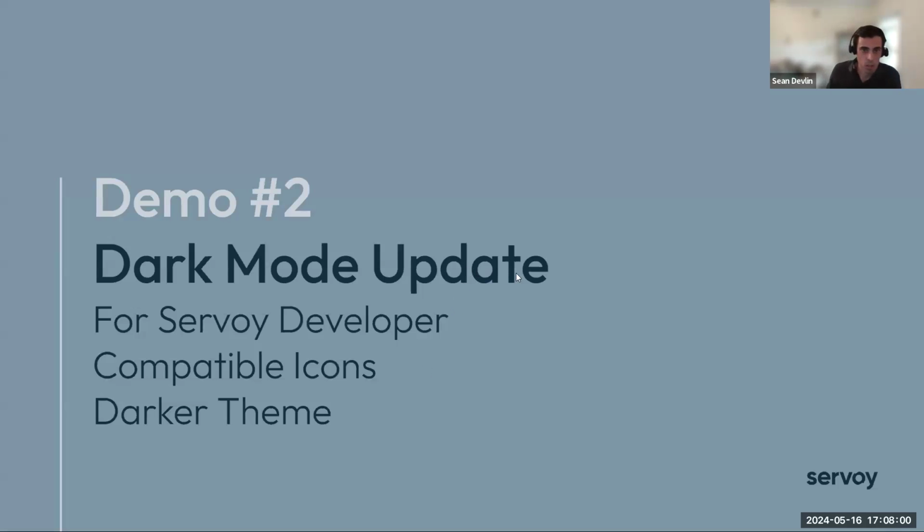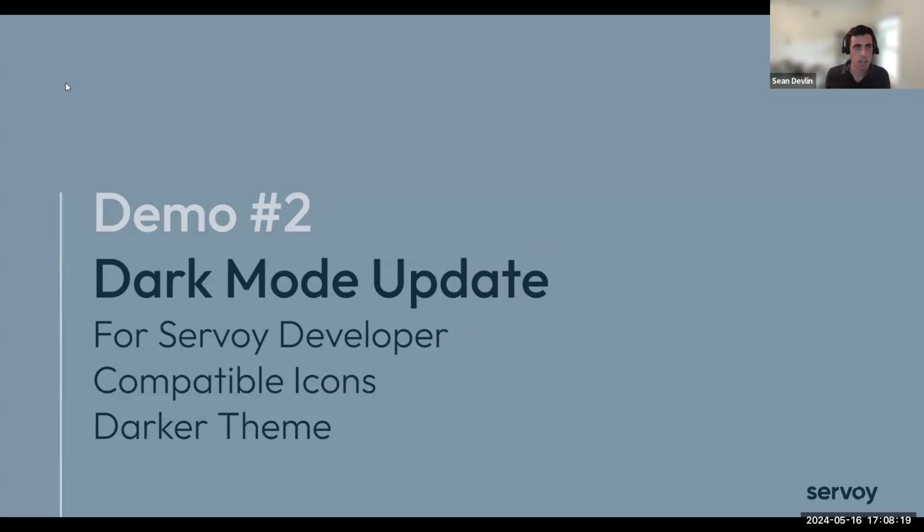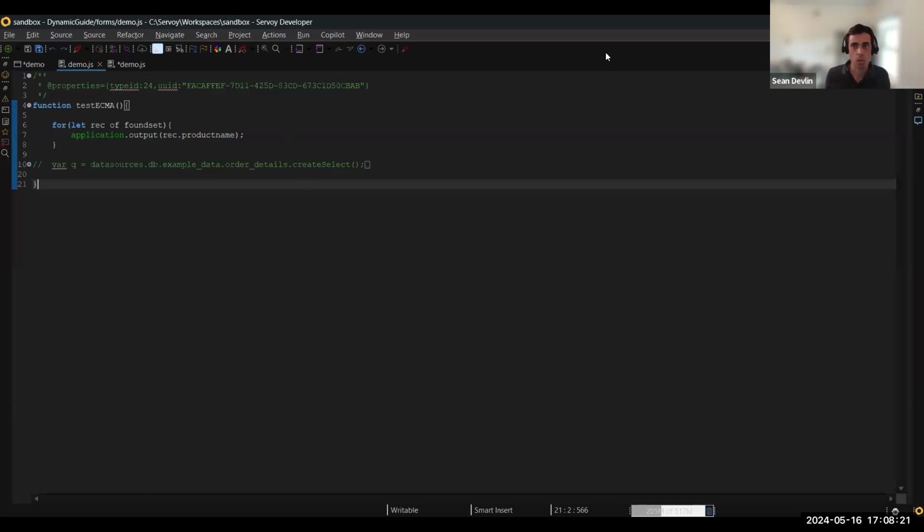That's demo number one. Demo number two, you may have noticed that my IDE was in dark mode. And so we enhanced the dark mode to make a proper dark theme, and we created some compatible icons. Let me just switch back to the IDE and show you how to enable that.